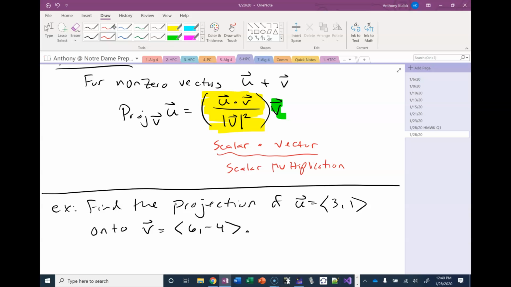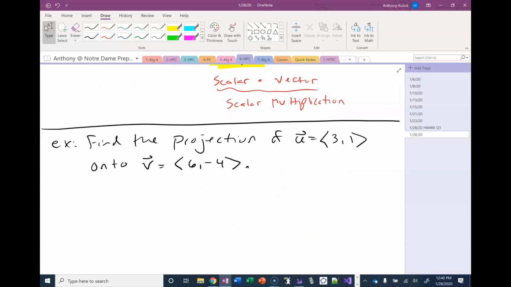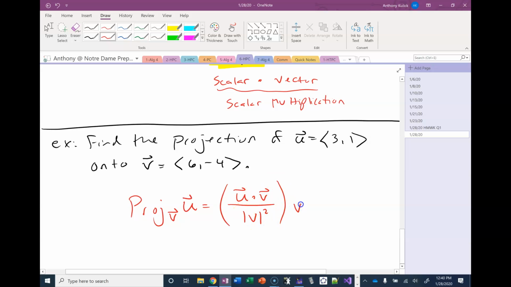All right. Let's say we want to find the projection of vector u, which in component form is 3, 1, onto vector v, which in component form is 6, -4. So this is the formula we're going to use, right?